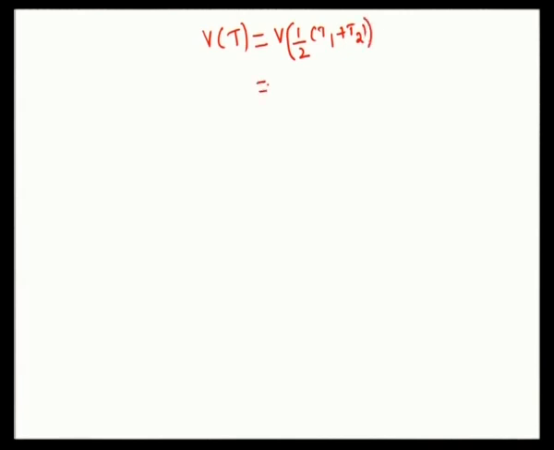You know that variance of a constant times a variable is the constant squared into variance. So, it becomes 1 by 4 into variance of T1 plus variance of T2 plus 2 into covariance between T1 and T2.